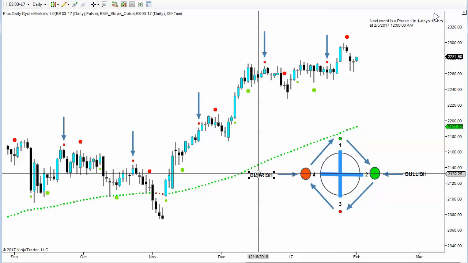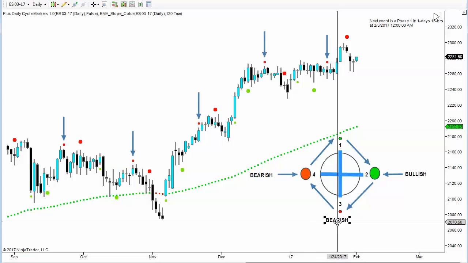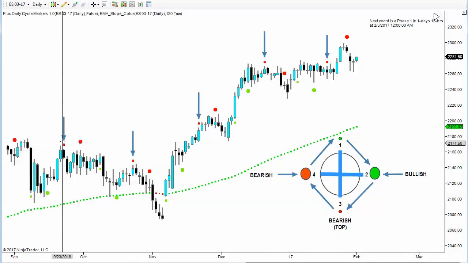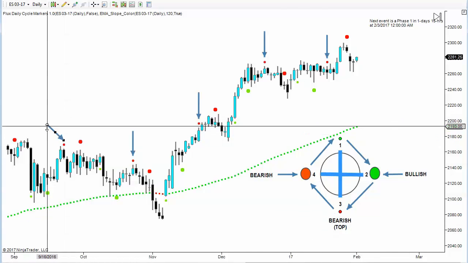And if we spent hours going through each one of these signals, you would see that a phase 3, like its larger supernova partner here, a phase 3 signal is bearish, but it also tends to be a top. And then vice versa.